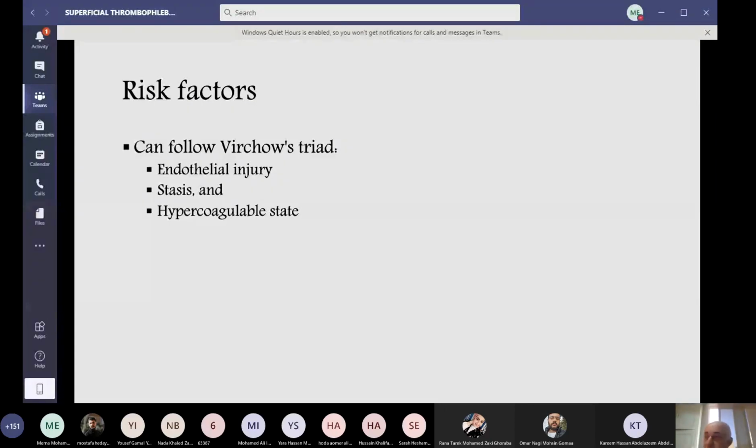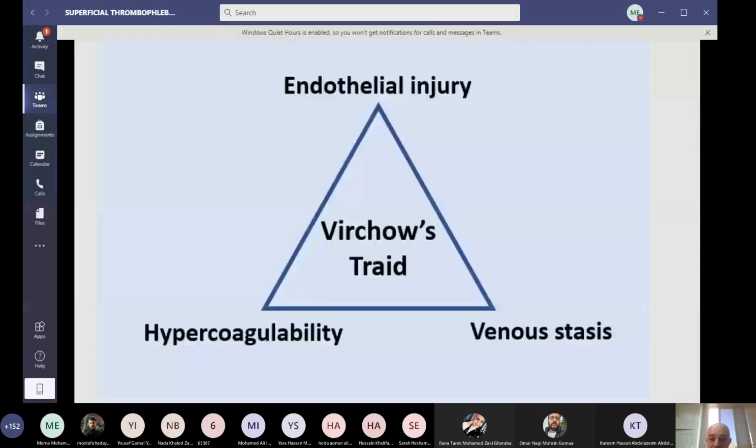Again, endothelial injury can lead to thrombosis, stasis can lead to thrombosis, hypercoagulable states can lead to thrombosis. This is the Virchow triad, to remember it, in the form of a triangle. We have the endothelial injury, hypercoagulable state, and venous stasis. They work alone or in combination with each other.